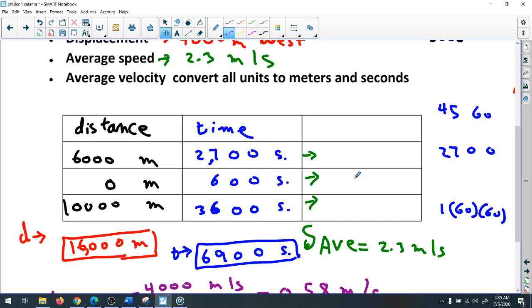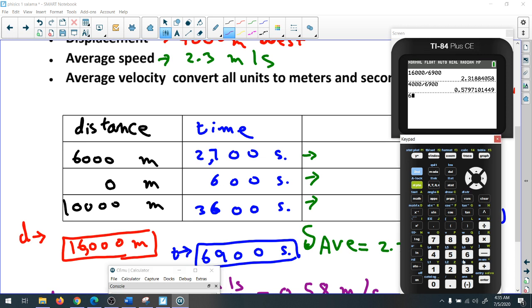Of course, now you have time to fill out all the missing info if they're looking for it. You divide 6,000 by 2,700, which gives us about 2.2.